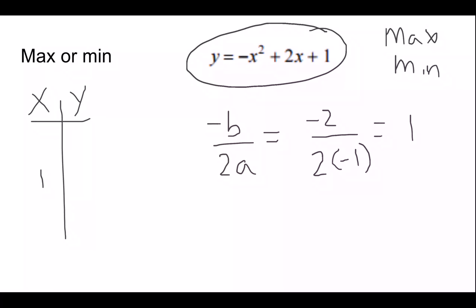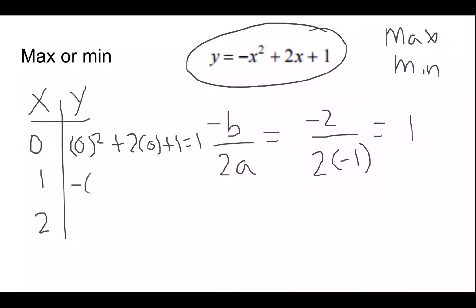Then we're going to pick 1 point below and 1 point above and fill in all that information. So this would be 0 squared plus 2 times 0 plus 1. That's going to give me just 1.